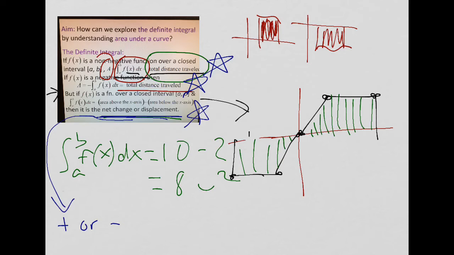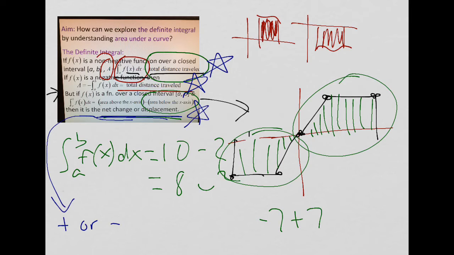What happens is that we negate this part. It's minus that part, and this remains positive. So the integral of this function, bounded by the x-axis from a to b, is 0.